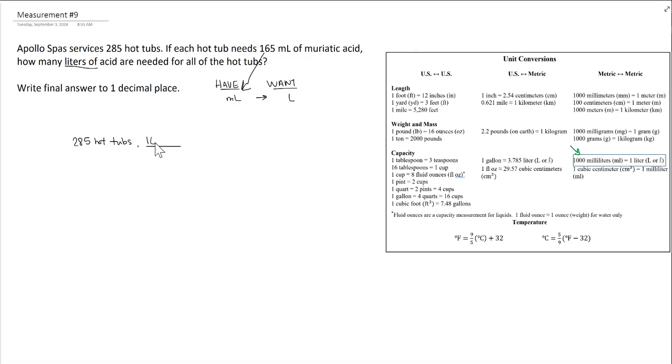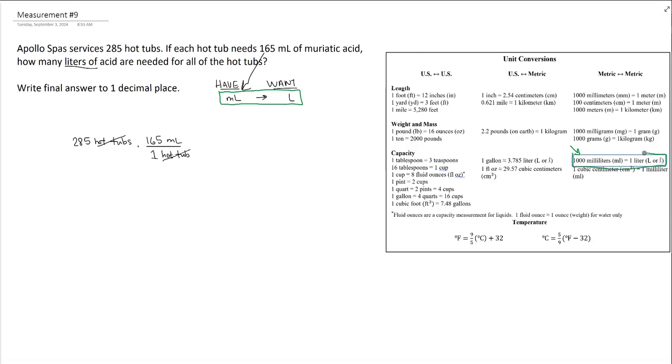I need 165 milliliters per or in each one hot tub. So that way my unit hot tubs cancels, giving me how many milliliters I need in total. I'm also now going to use this required milliliters to liters conversion.